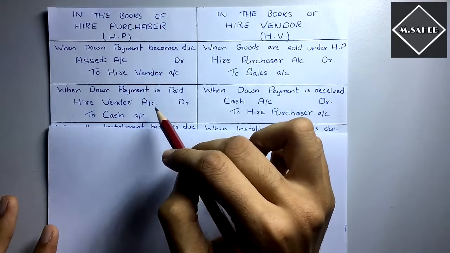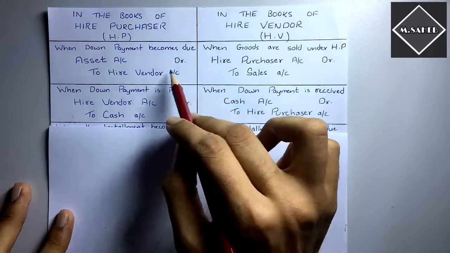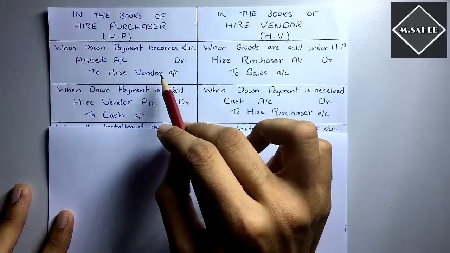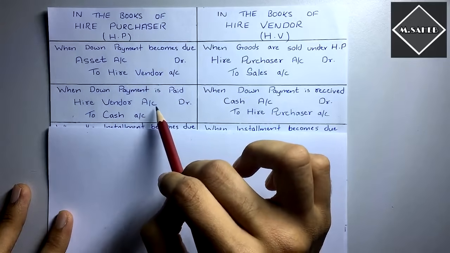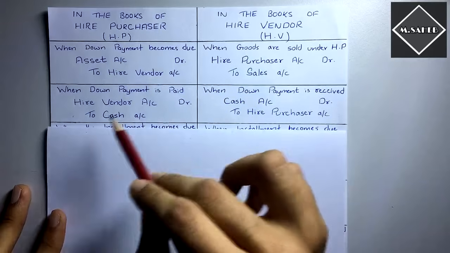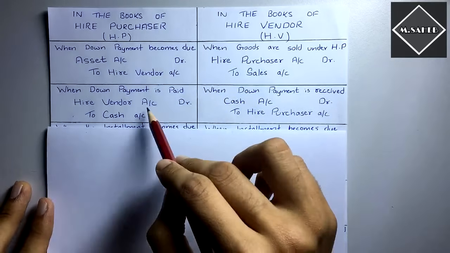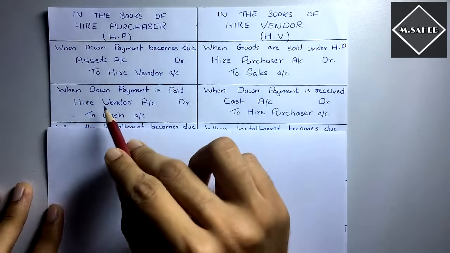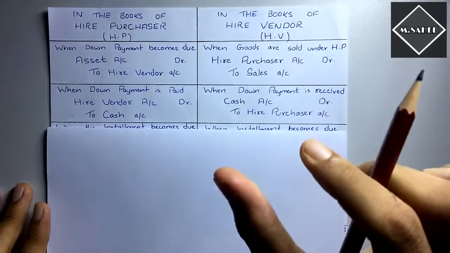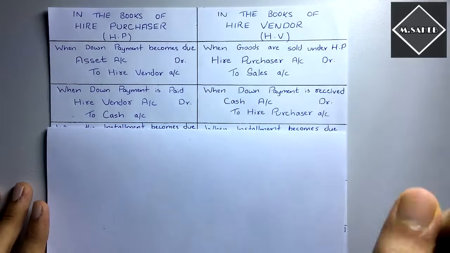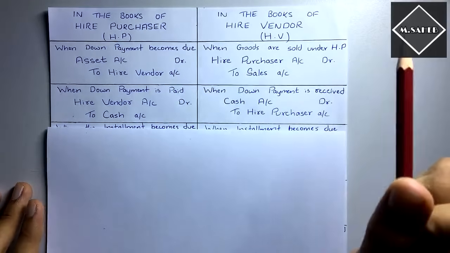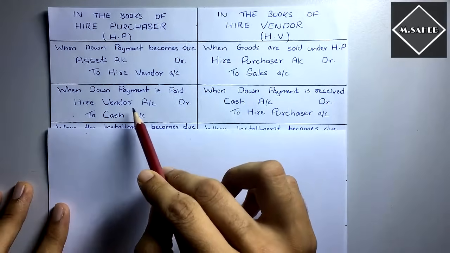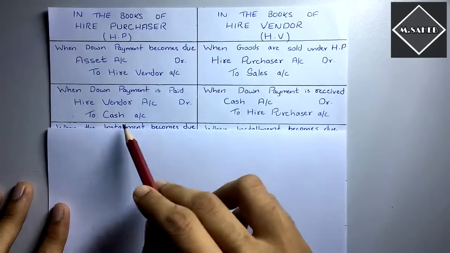So liability has decreased, and you have to cancel that out. Here it was credited, here you have to debit it. Hire vendor account is debited to cash, because the hire vendor is receiving the cash. Debit the receiver, personal account rule.